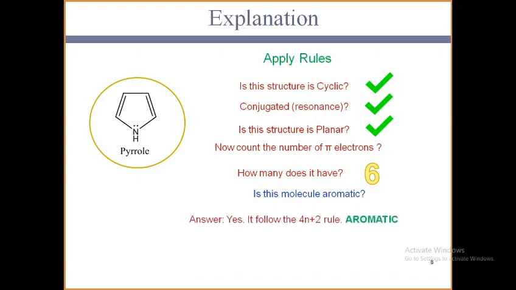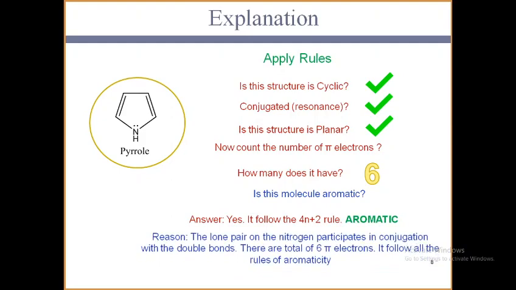According to the Huckel rules, it requires 6 pi electrons, and pyrrole has 6 pi electrons. So that's why this compound is aromatic. The main reason behind pyrrole being aromatic is that the lone pair on the nitrogen participates in the conjugation with the double bonds. So there are a total of 6 pi electrons in it, and it follows all the rules of aromaticity. So that's why this compound is aromatic.